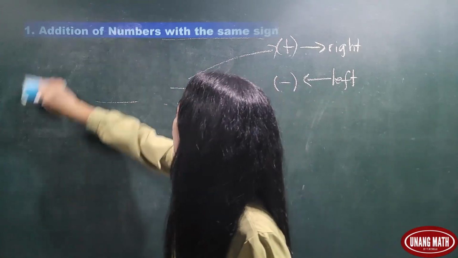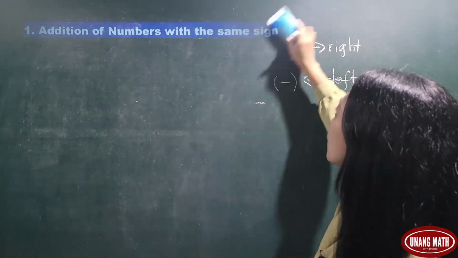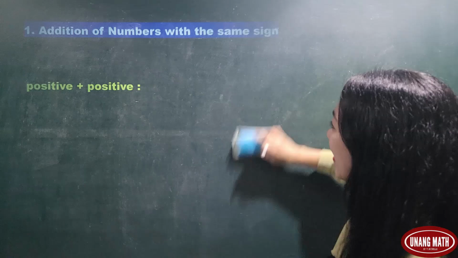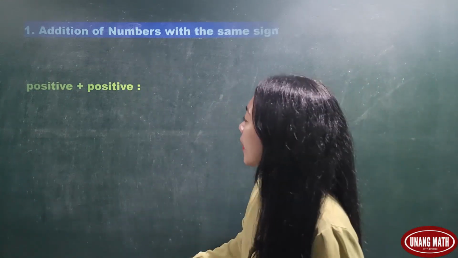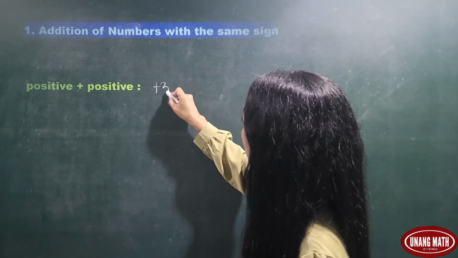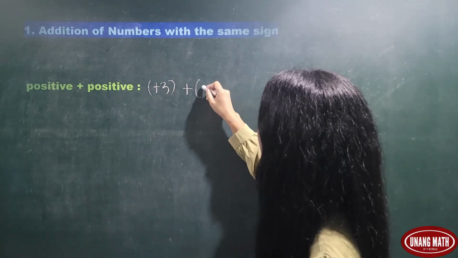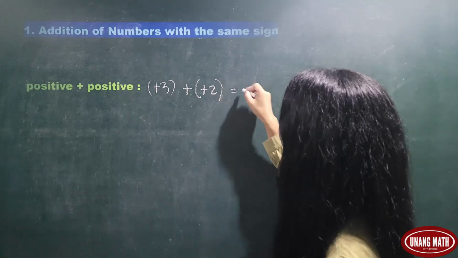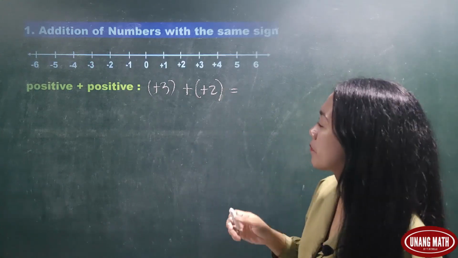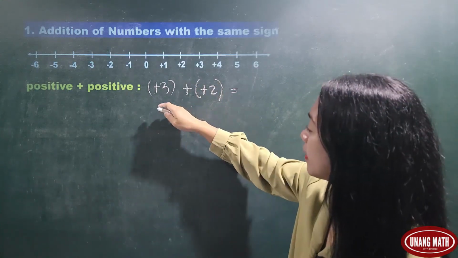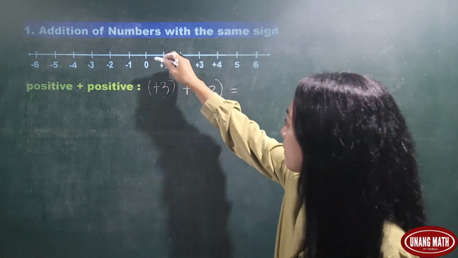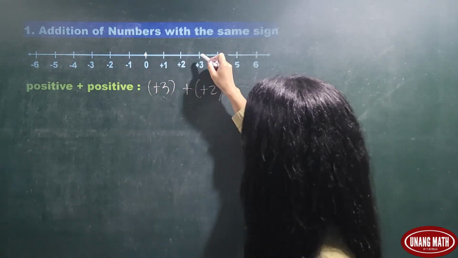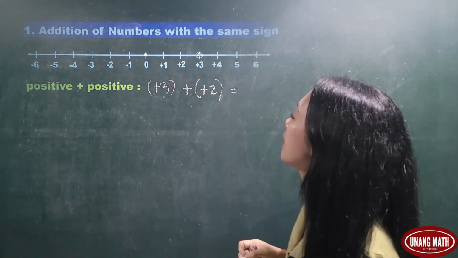Let's give an example for you to understand this concept. Let's start with addition of numbers with the same sign. Positive number plus positive number. Example, positive 3 plus positive 2. What will be the answer? Using the number line, first locate where positive 3 is. This is the origin and positive 3 is this point.